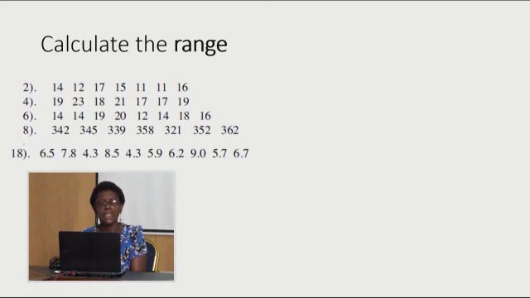Now remember, it's the identification of your highest value, identifying your lowest value, and finding the difference. What's the difference? Highest, take away the lowest. Well done. Okay, some of you may have finished the first 4.